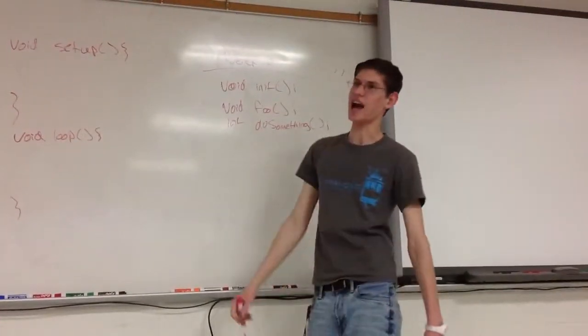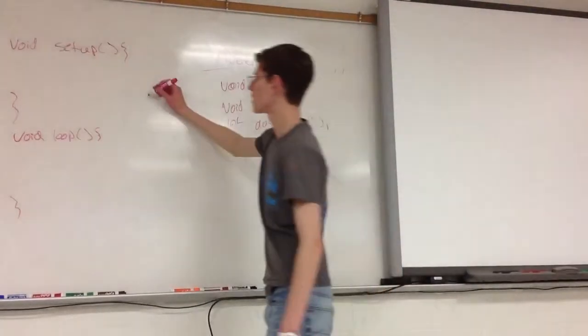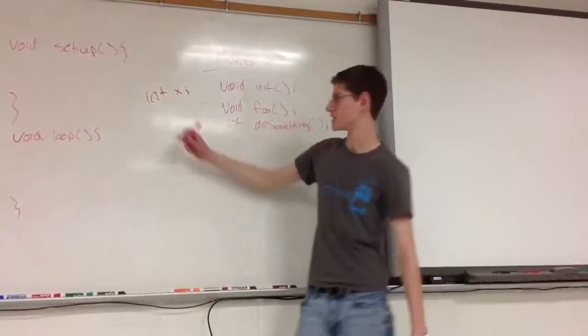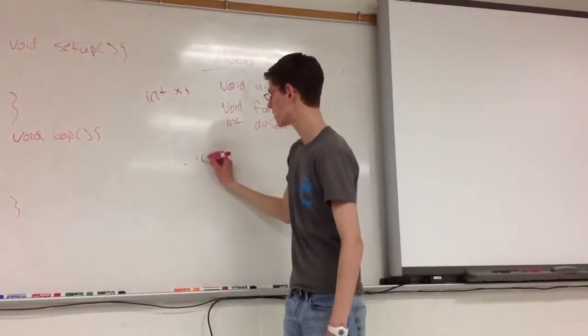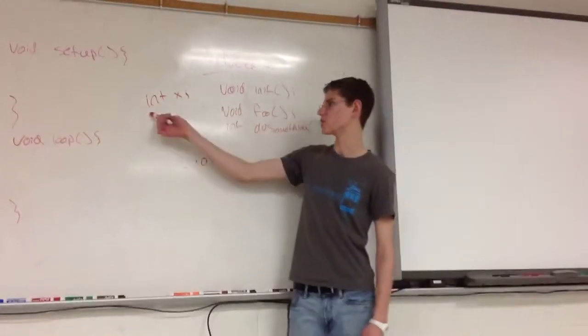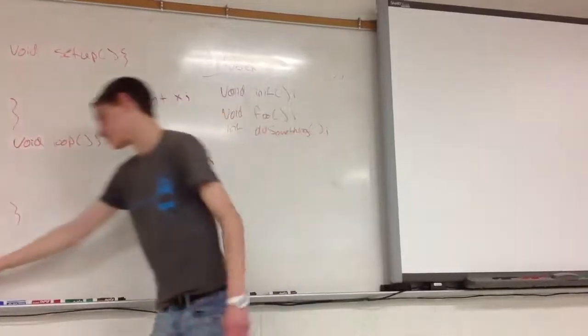We don't necessarily have to define a function when we declare it. Remember how I said you could say int x, just put a semicolon and be done with it, and then somewhere later on say x equal to 10. See how we're kind of assigning a value on a different line than we're initializing it? Well, you can do the same thing with a function.